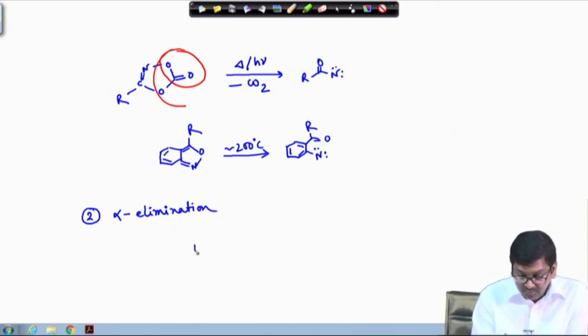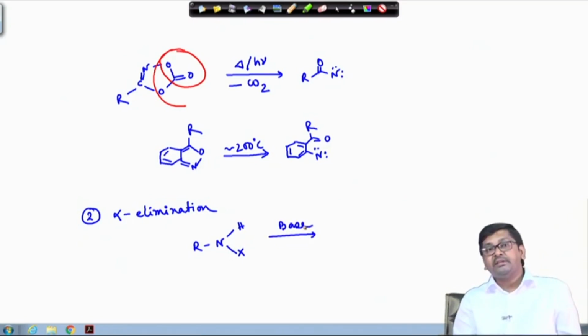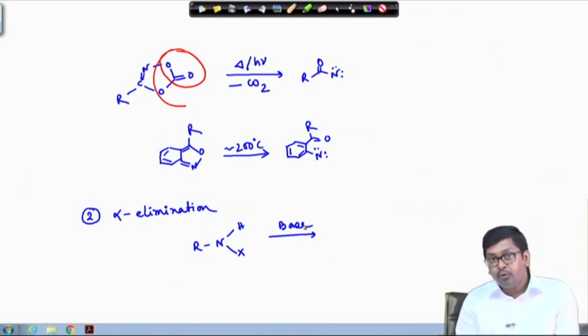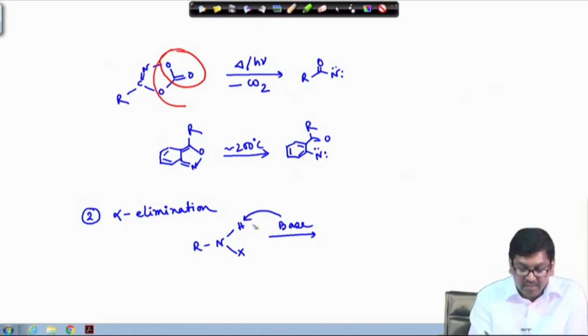So, if we take this particular substrate and treat it with base, as we have seen in the case of carbene also, depending upon the basic strength, that could be used to deprotonate, and then the elimination of that leaving group, here it could be halides, it could be other leaving groups also.